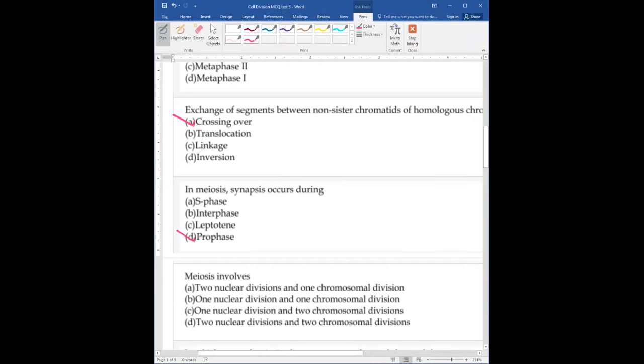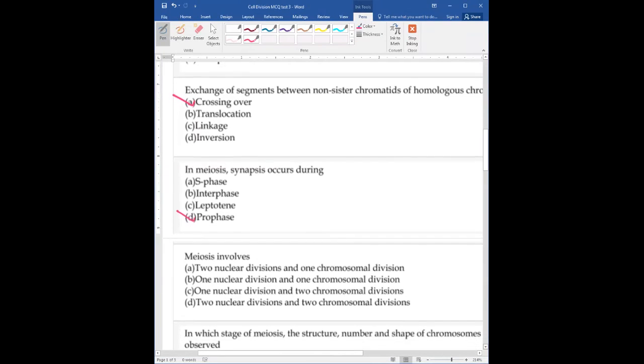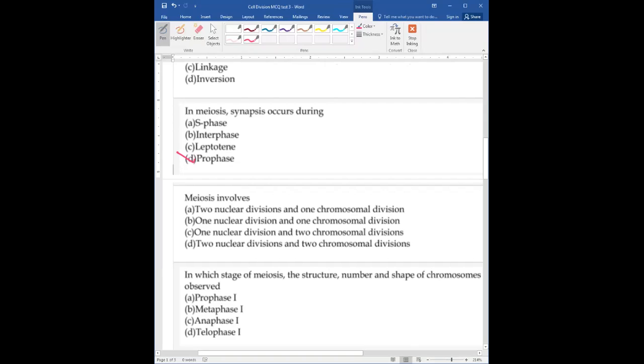Okay, guys, once again, see what is going to happen. Most of you have said A, some of you have said B, some of you have said C. Now, guys, listen. Meiosis is going to have two nuclear divisions. What are those two nuclear divisions? Karyokinesis 1 and karyokinesis 2.